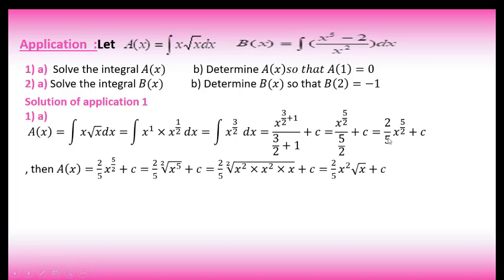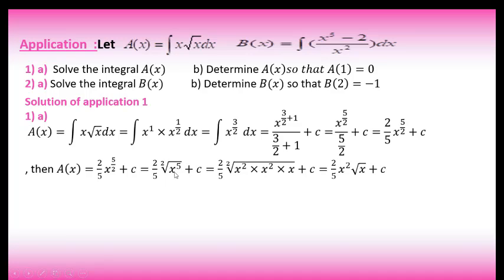The answer is 2 over 5 x power 5 over 2. Focus with me. As usual, the powers should be transformed into radical. Now write it as 2 over 5 radical x power 5.